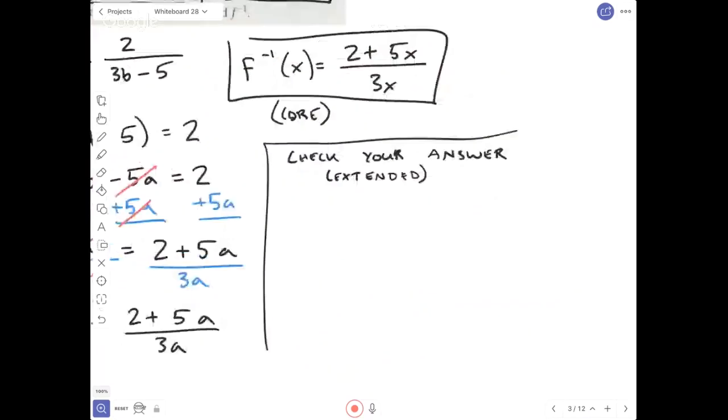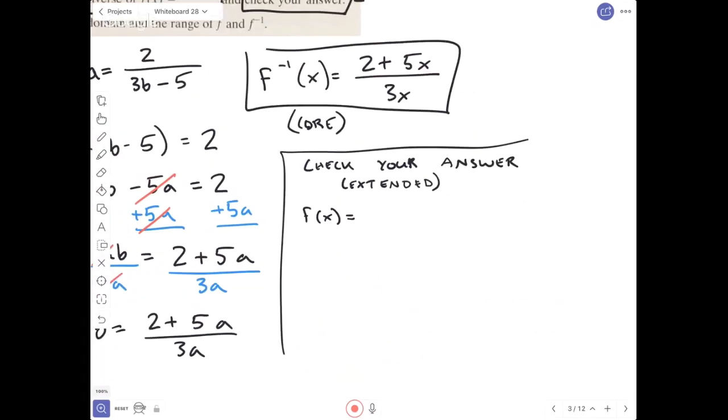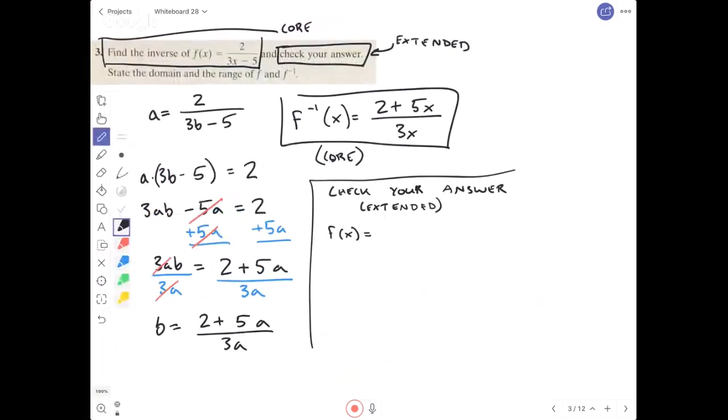So I've got f of x equals 2 over 3x minus 5, and I've got f inverse of x equals 2 plus 5x over 3x.